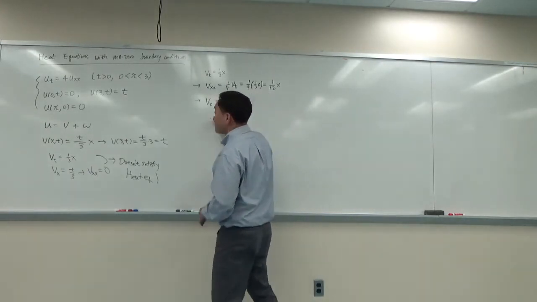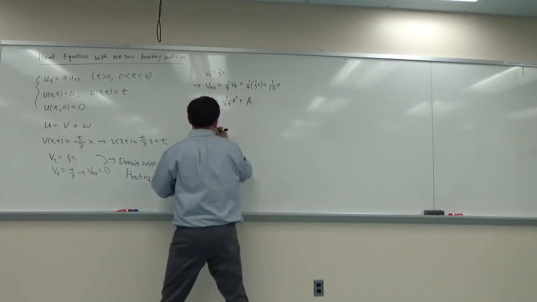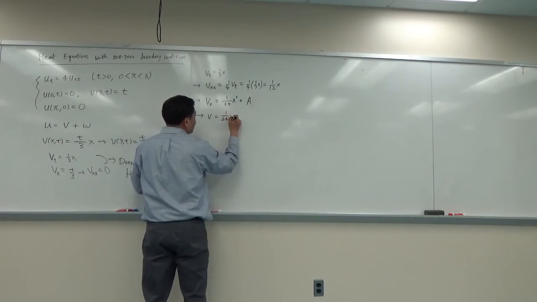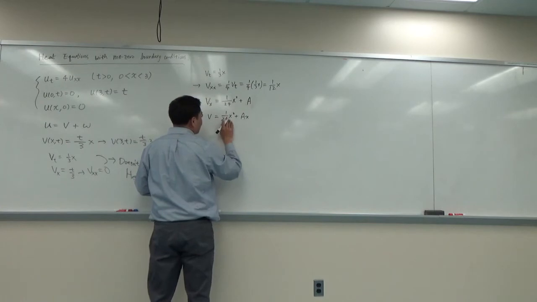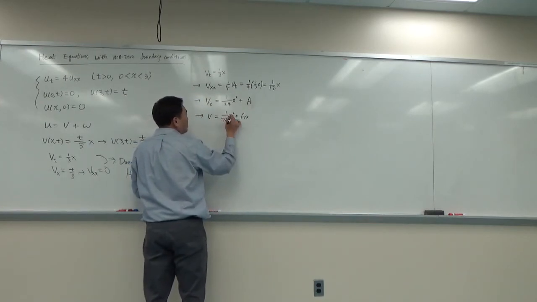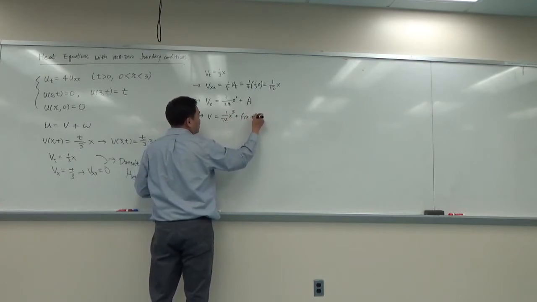Now integrate again, we get, let's call this c as just a. And then we integrate again, we get v as 1/24 x squared plus ax, what is that? 72, and this would be 3 ax plus b.